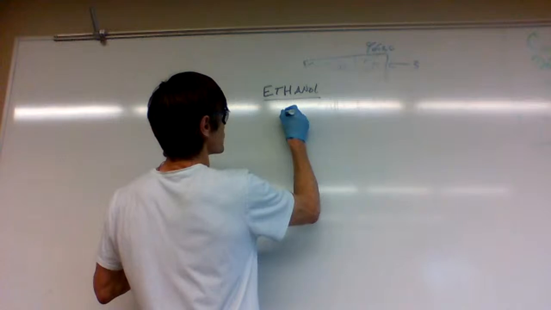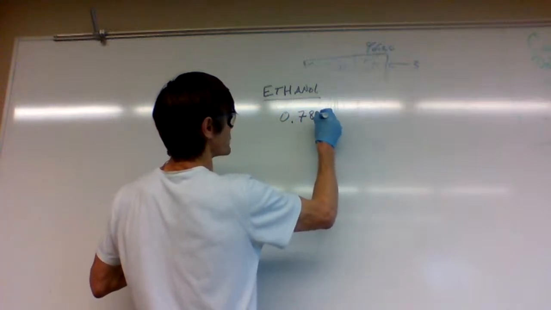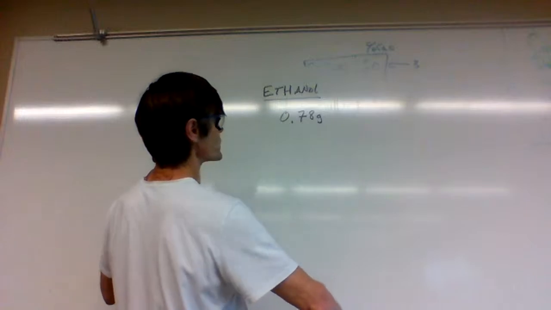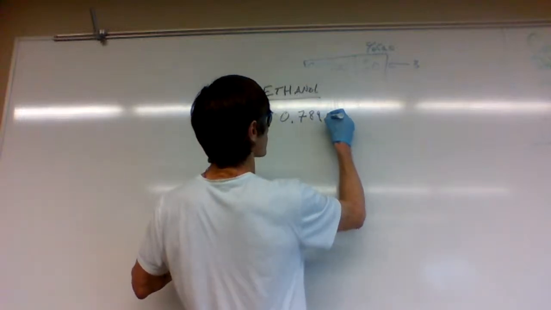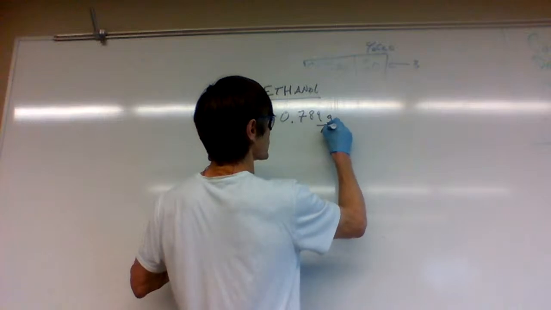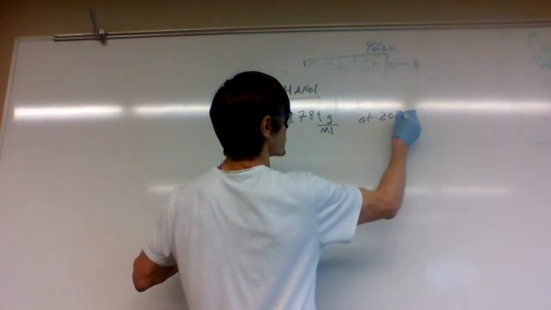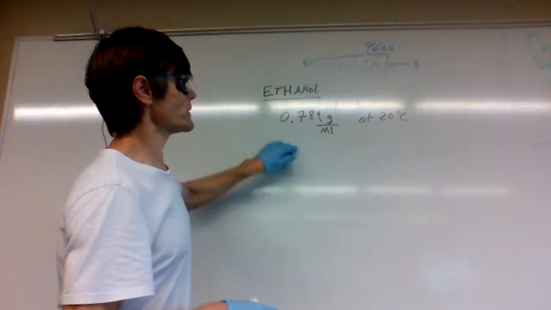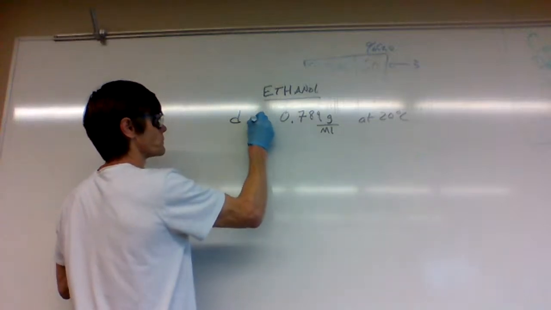It has a density of 0.789 grams per milliliter at 20 degrees Celsius. So at room temperature, that's the density of ethanol. Just write that as density E.